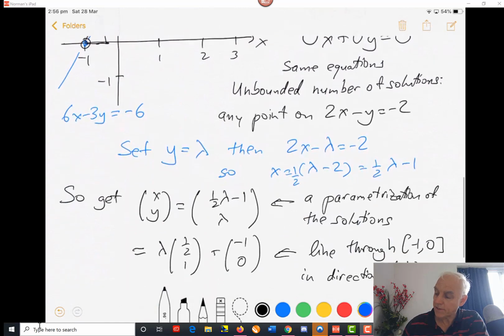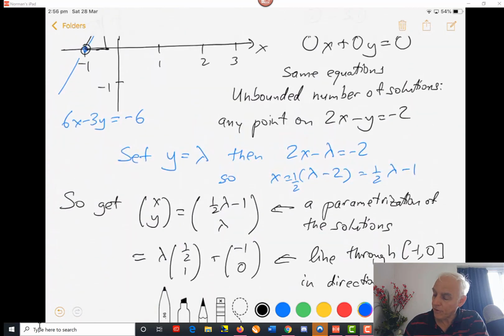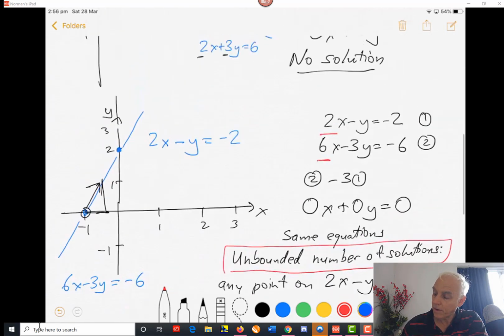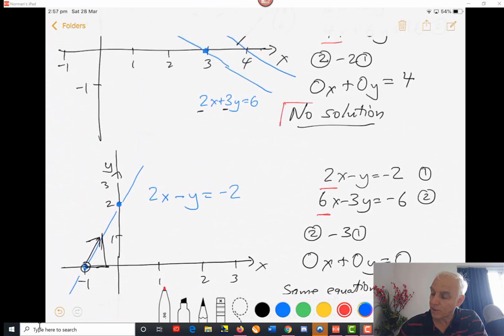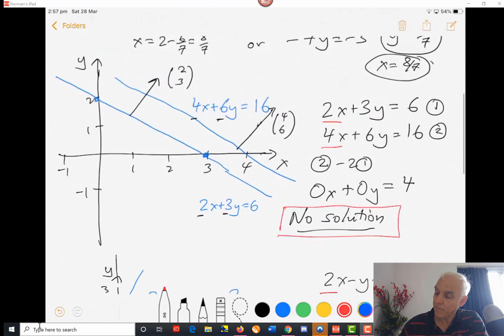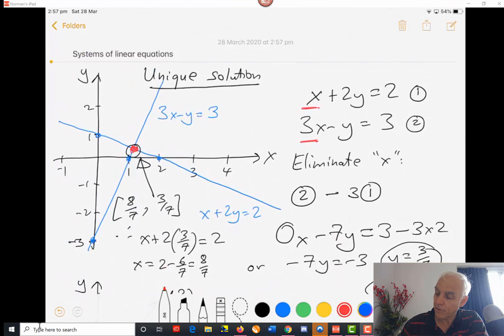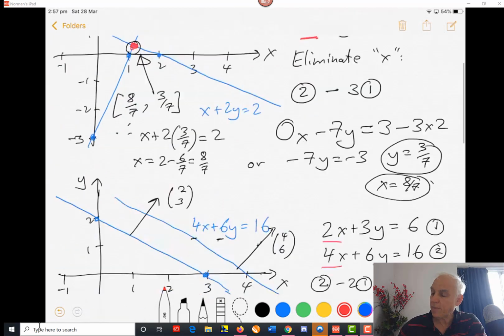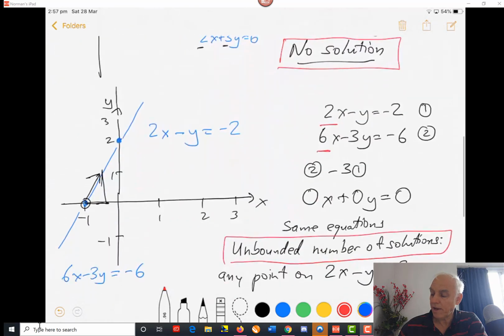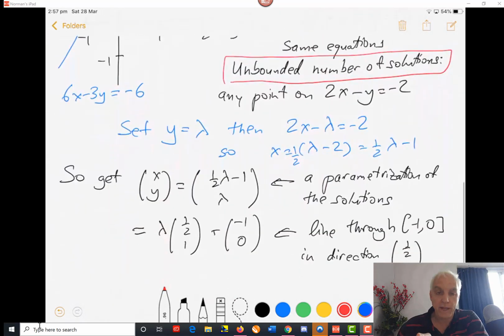Okay, so in this case, there's an unbounded number of solutions. So there's three possibilities that we found. We found an unbounded number of solutions. That was one case. Over here, we found that there was no solution. And in the first example, there was a unique solution. So these are the three possibilities that basically occur over and over again in the subject.